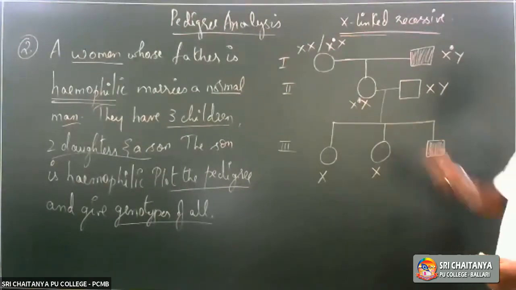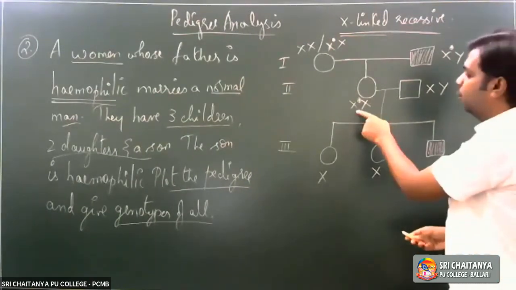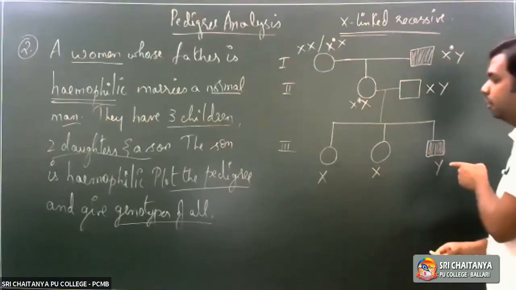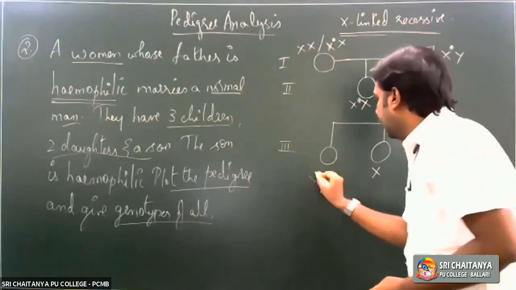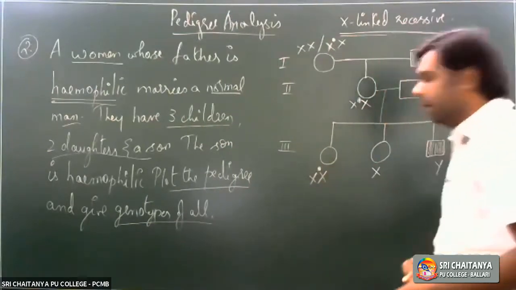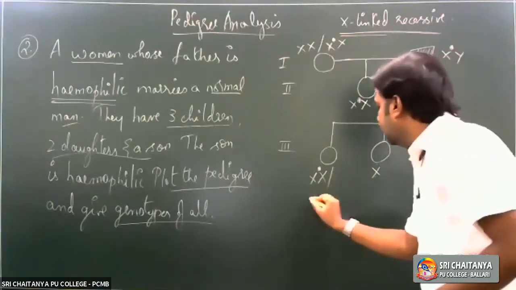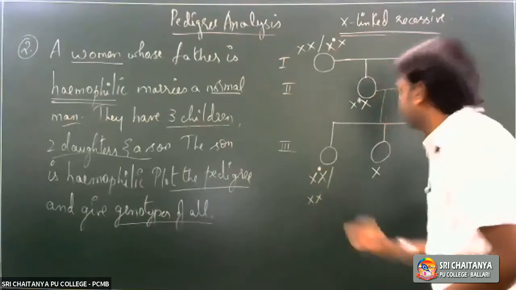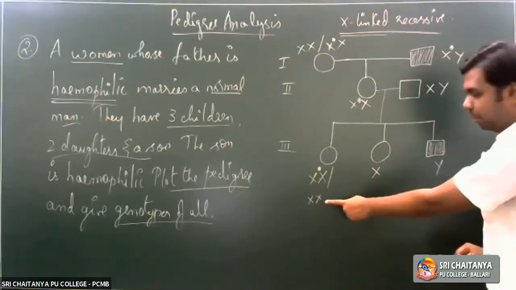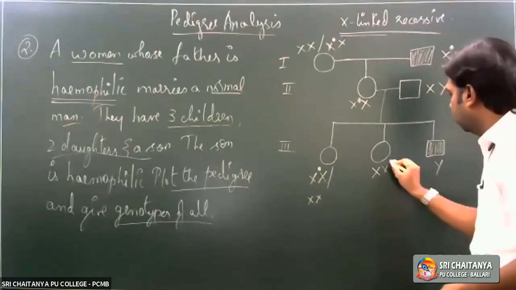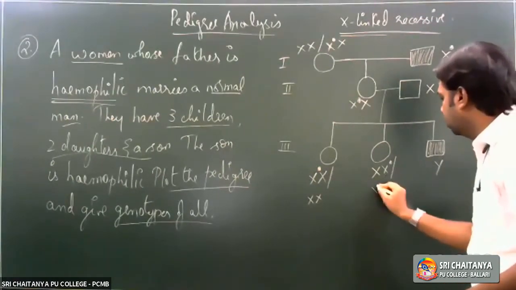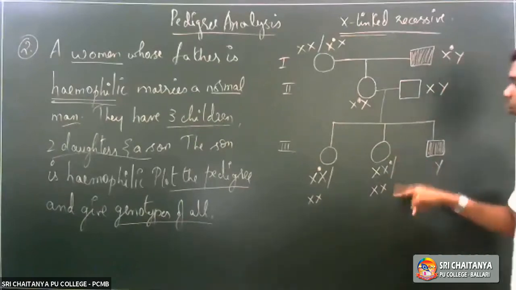Next, talking about the woman here, which chromosome will the mother give to these children? For the first one, the mother could give either the mutated X chromosome or a normal chromosome. That is one possibility here. Here again, the mother could give a mutated chromosome or a normal chromosome. These are the two possibilities.